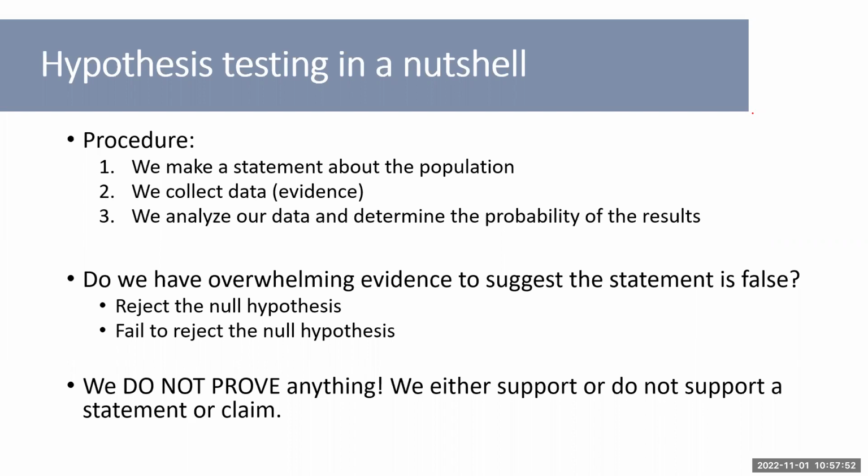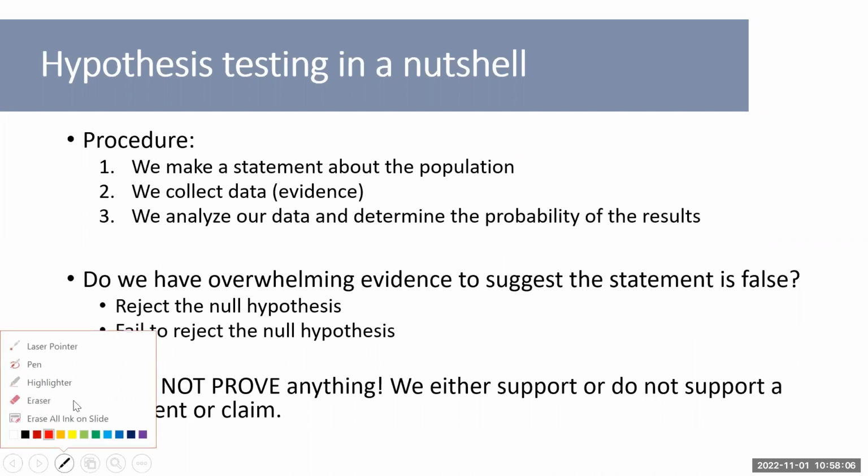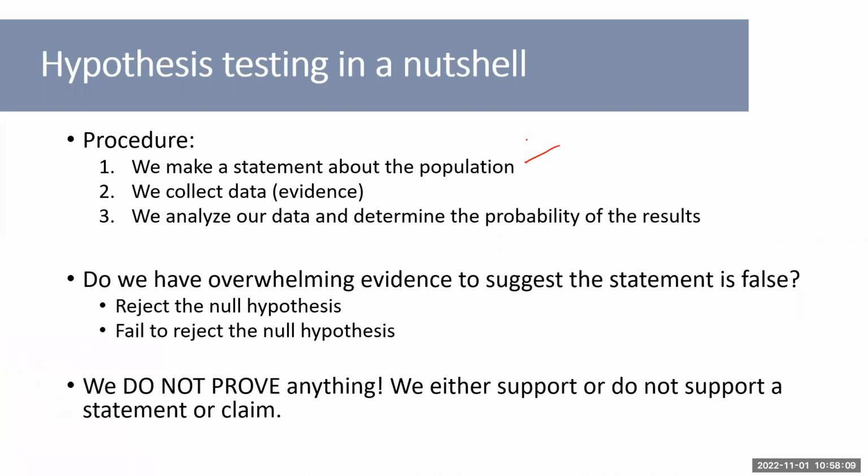Is there enough evidence to tell us, hey, I think that original assumption or that original statement is false? So that original statement, we're going to call the null hypothesis. The initial statement is going to be our null hypothesis, and we're going to talk more about that in a minute. But basically, that is going to be the basis of our test.